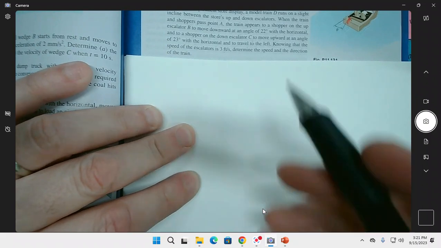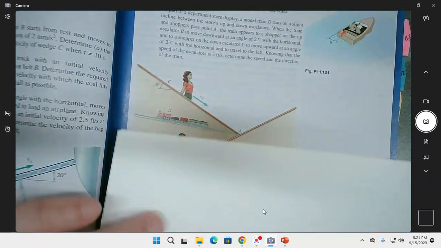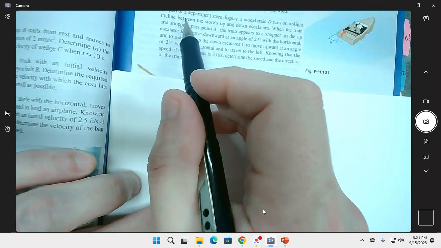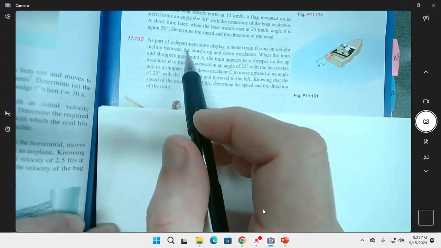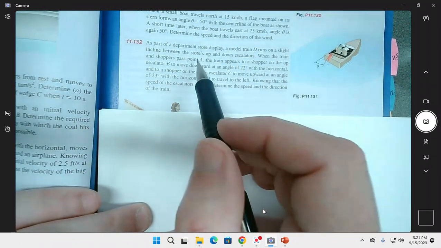So I'm going to go, what are the givens right now? Let me go for the first phrase. The department store display, the model train runs on a slight angle.